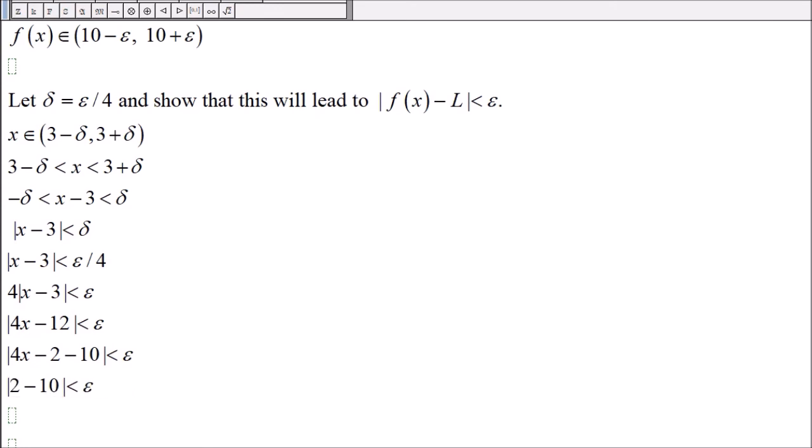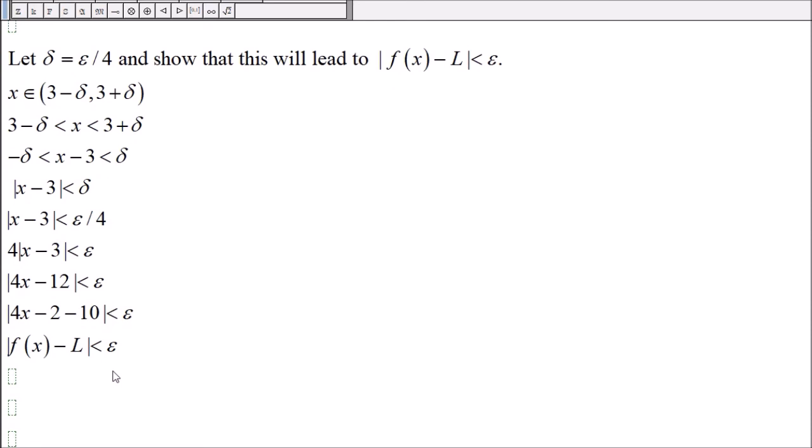But 4x minus 2, that's f of x. And then 10, that's the L. And so we have just shown that if we let delta be epsilon over 4, then this will lead to the absolute value of f of x minus L is less than epsilon. And therefore we have just proved that the limit of 4x minus 2 is equal to 10 as x approaches 3.